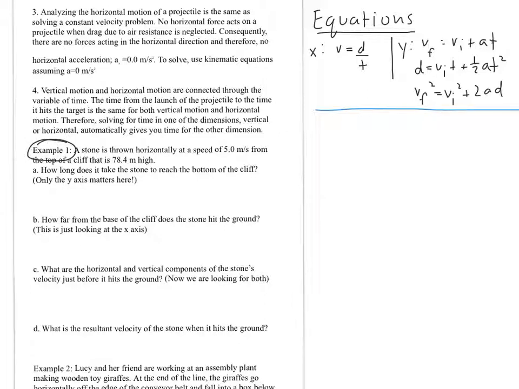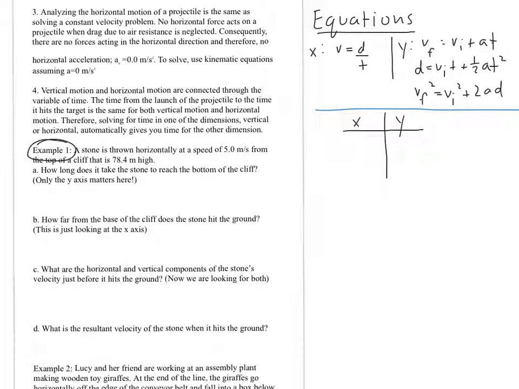A stone is thrown horizontally at a speed of 5.0 meters per second from the top of a cliff that is 78.4 meters high. We're going to work in this space on the side and divide all of our variables into x and y columns.